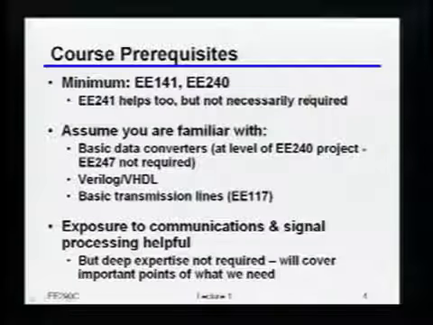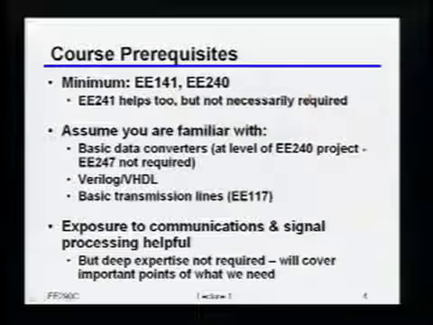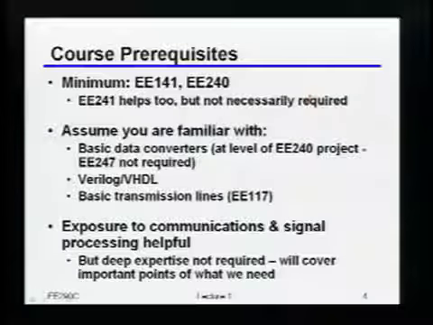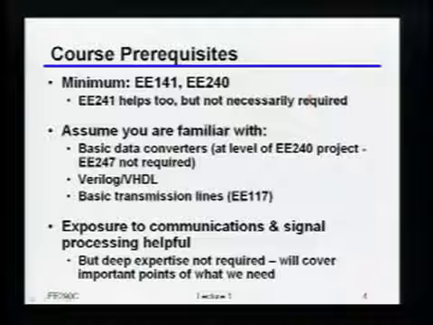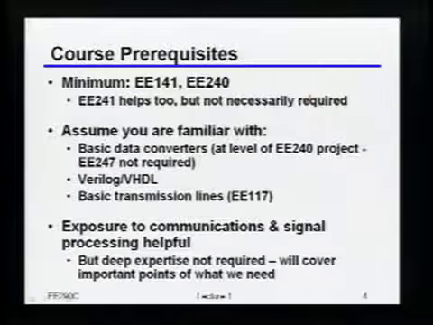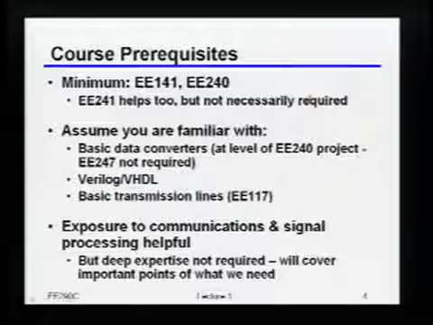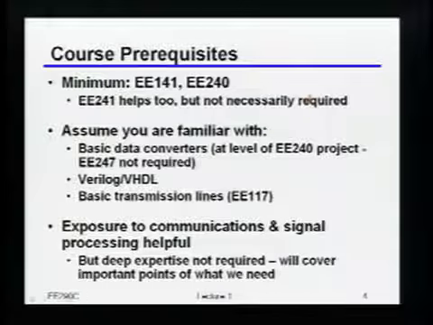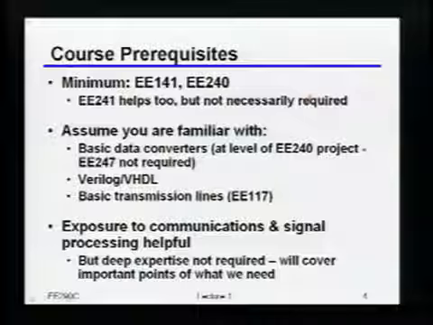I'm also going to assume that you're familiar with that. Now, that's not to say that I want you to design the latest record-breaking figure of merit, 0 femtojoules per conversion step ADC. It just means you should be familiar with those things, for those of you who took it, at the level of the EE240 project that we did with a high-speed serial link. Okay, so even 247, if you've taken it, great. If not, that's fine. You should still be able to do just fine in this class.